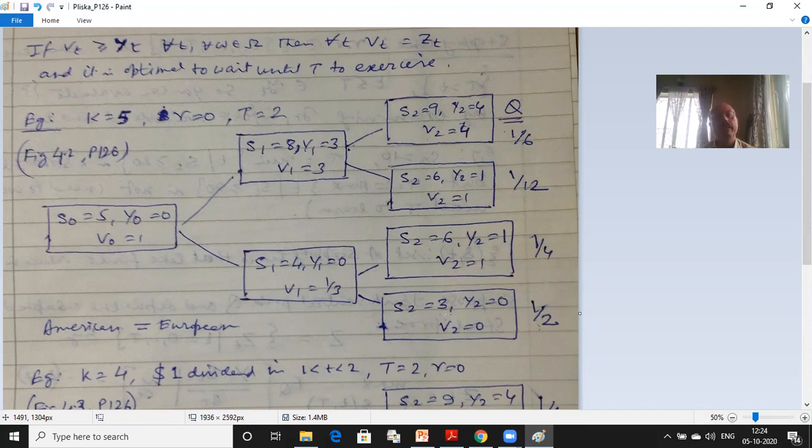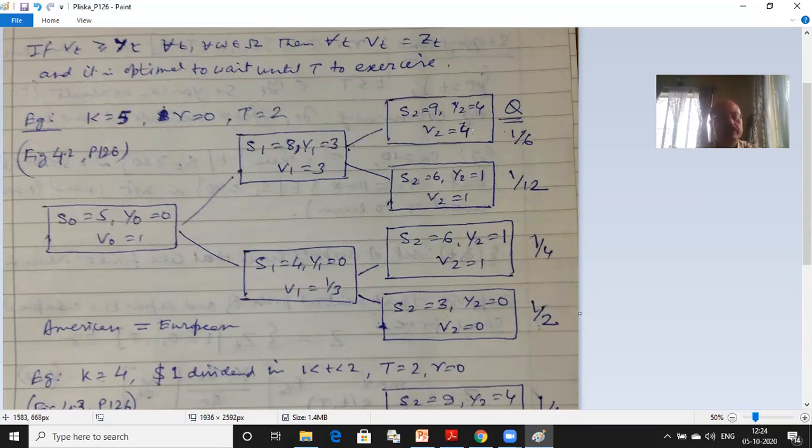So my possibilities are 9, 6, and 3. So 9 comes with probability 1/6, 3 comes with half, and 6, the middle node, comes with 1/4 and 1/12, which is again 1/3. So this is the setup. This is the complete description of the stock price process, the binomial process.